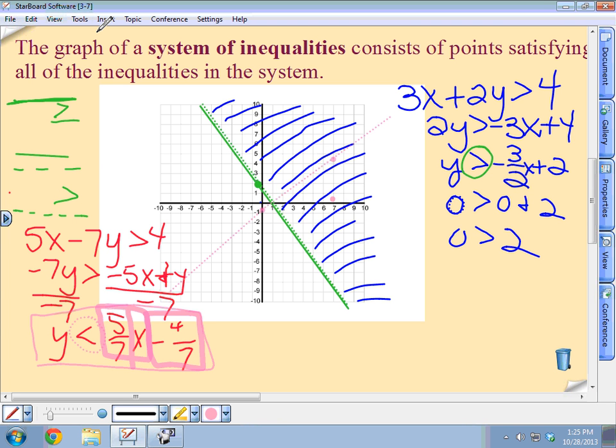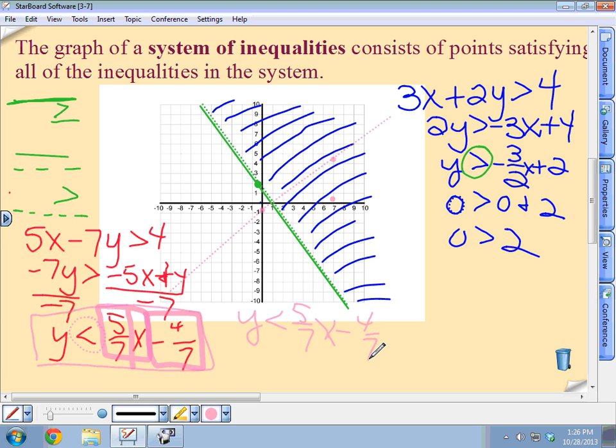And now, Megan, when I'm just looking at my pink inequality, which side will be shaded? We'll call this the upper side or the lower side, which half plane? Let me rewrite my equation over here for you so it's a little clearer. I'm sorry, go ahead. I don't know.